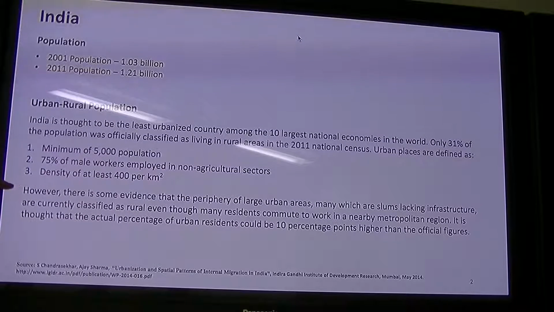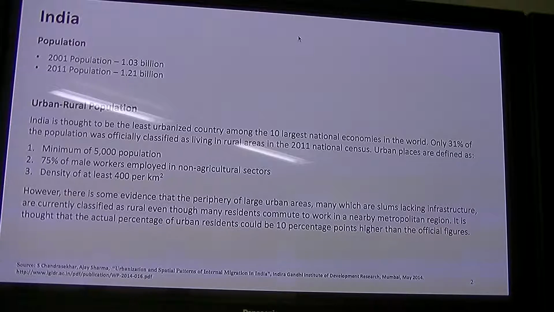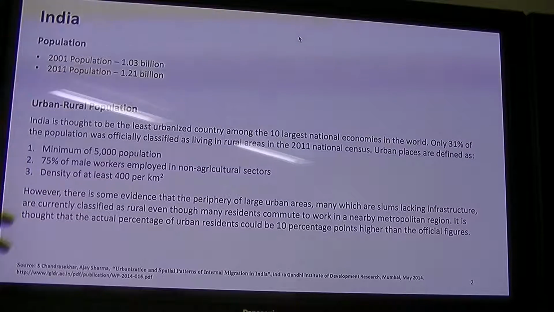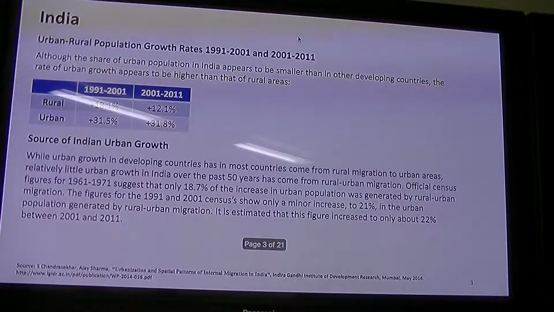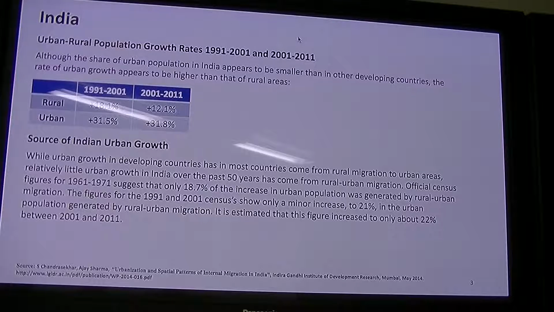But some people also think there's some evidence that the periphery of large urban areas, which are slums lacking infrastructure, are currently classified as rural, even though many residents commute to work in a nearby metropolitan region. So there are these slums around large cities, and some people think it could be as much as 10 percentage points higher. Again, this is one of the problems with India. Every time you look at the data, the picture that you're painting is a very hazy picture.